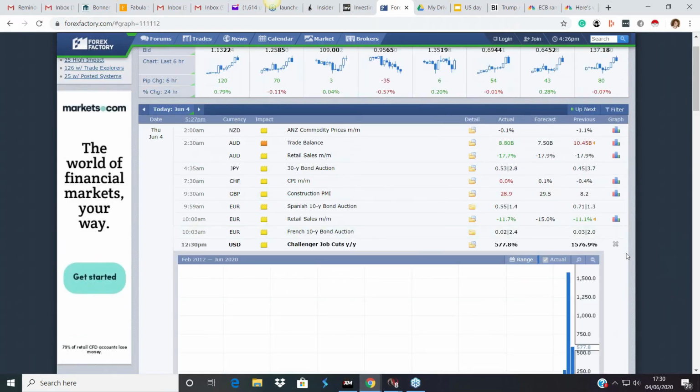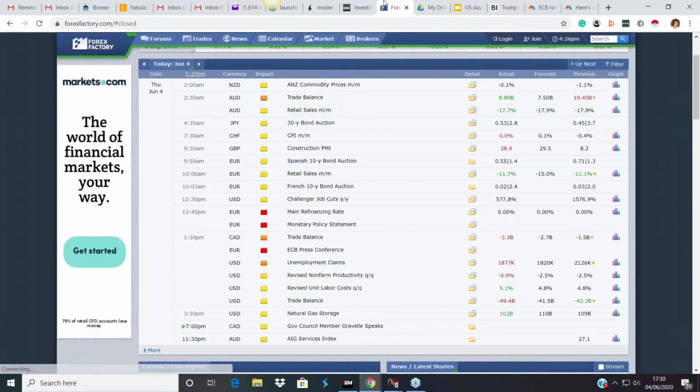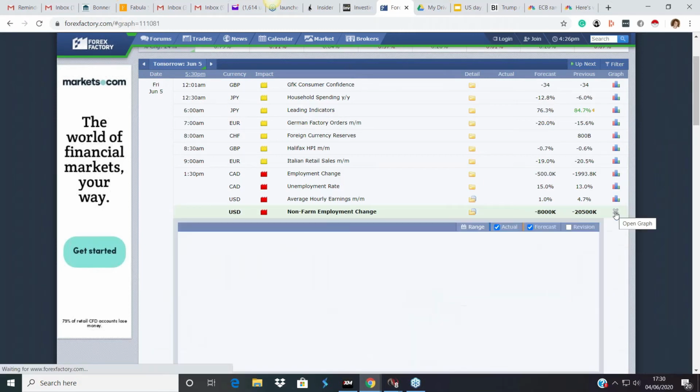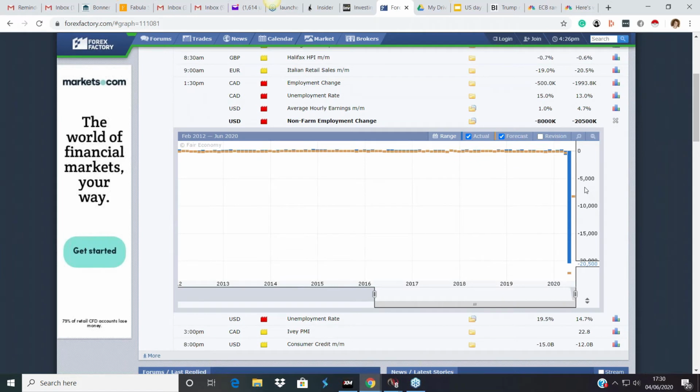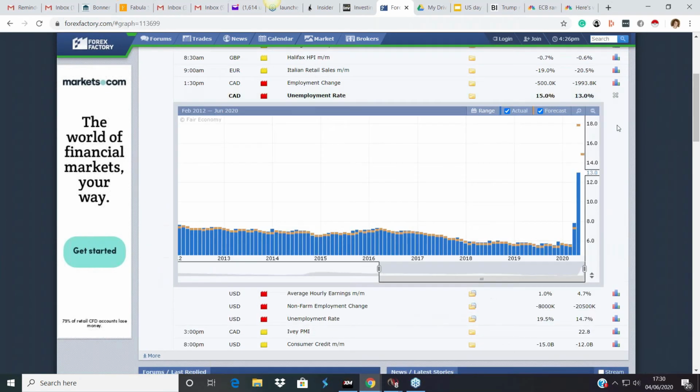Let me go to tomorrow on the NFP, because that's a much better chart. You will get a graph, but it is so distorted at the moment it's almost unreadable. Let me find a chart here that you can read. There we are. That's a much better chart.